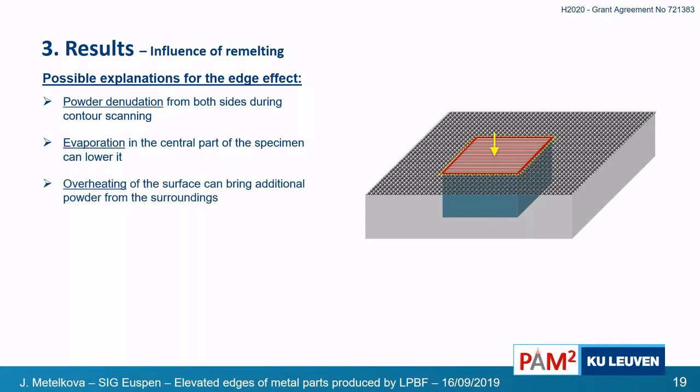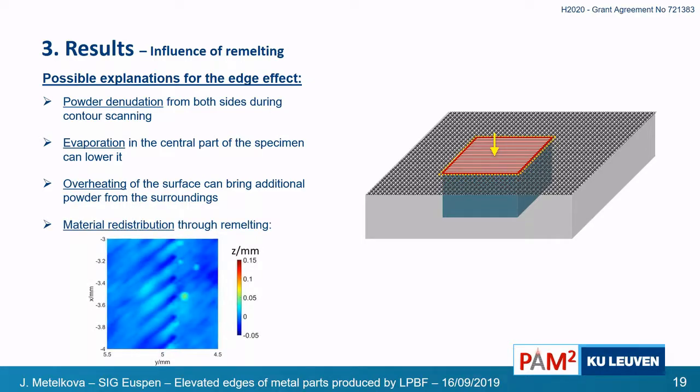And also by overheating or heating more, you can bring a little bit more powder inside the edges, so you can contribute to their buildup. And last but not least, you're also moving around the material, so by remelting, you're pushing the material in and out and in and out, so that by this you also increase this phenomenon of increased edges.